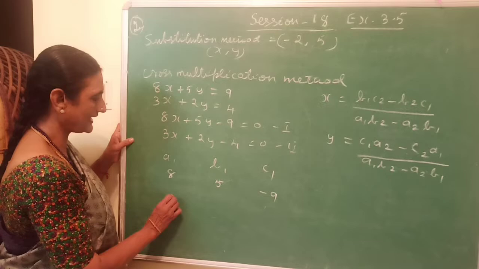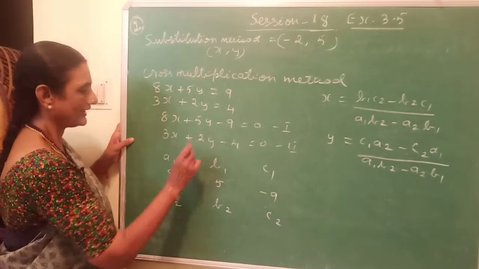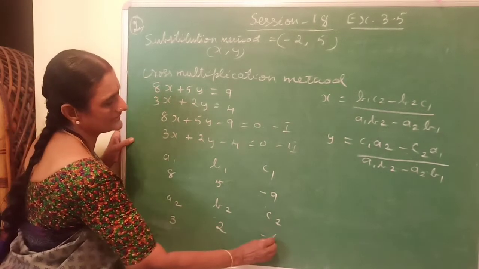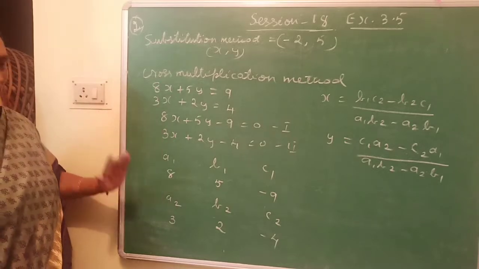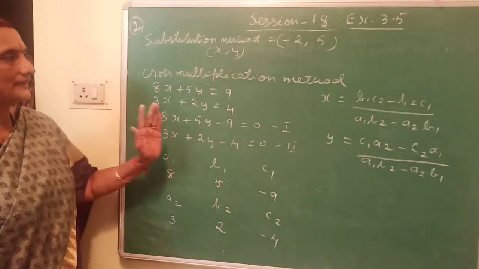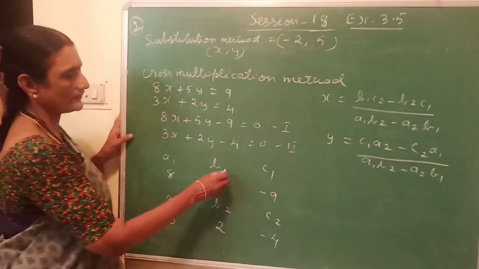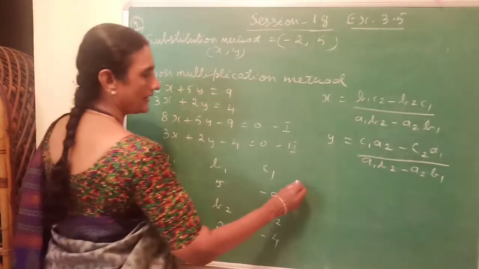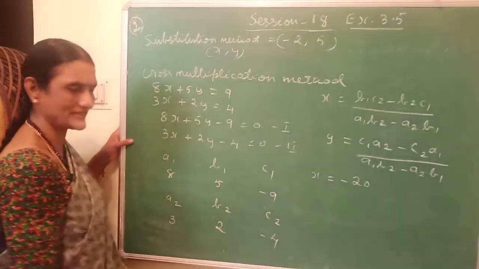Now next is A2, B2, C2. Now tell me what are the values? 3, 2, minus 4. Is that clear? So we have to write it this way. Next is x is equal to b1 c2 minus b2 c1. So b1 c2 is what? 5 into minus 4. So x is equal to 5 into minus 4, which is minus 20.